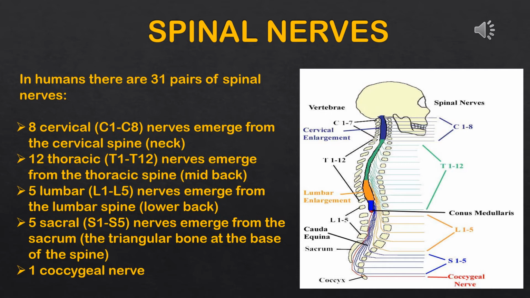See L1 to 5, that's blue color only. Okay. Now the next one, 5 sacral S1 to S5 nerves emerge from the sacrum, the triangular bone at the base of the spine. See S1 to 5, triangular bone. And the last one coccygeal nerve.